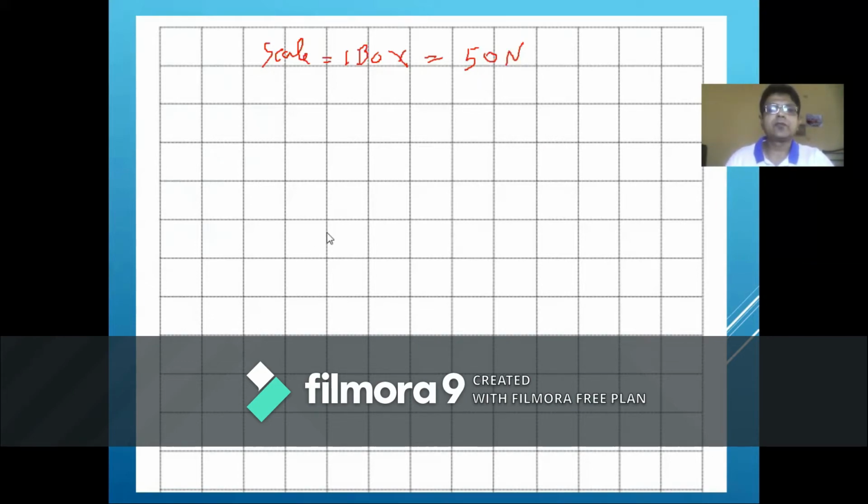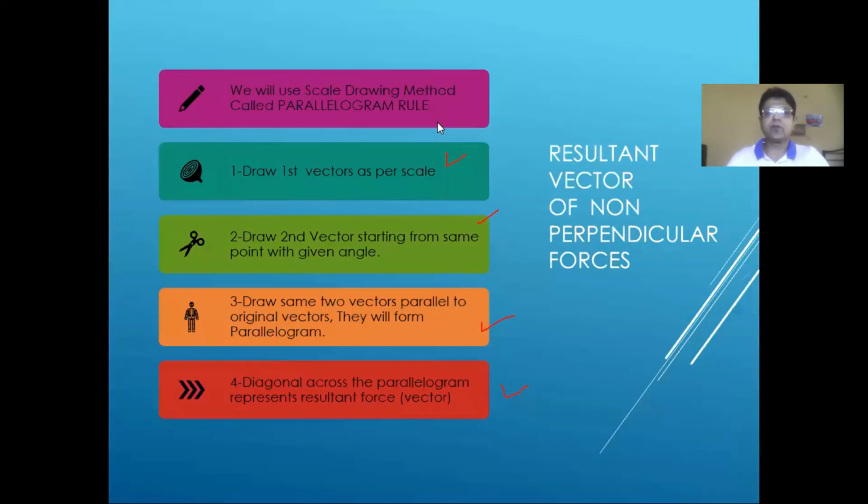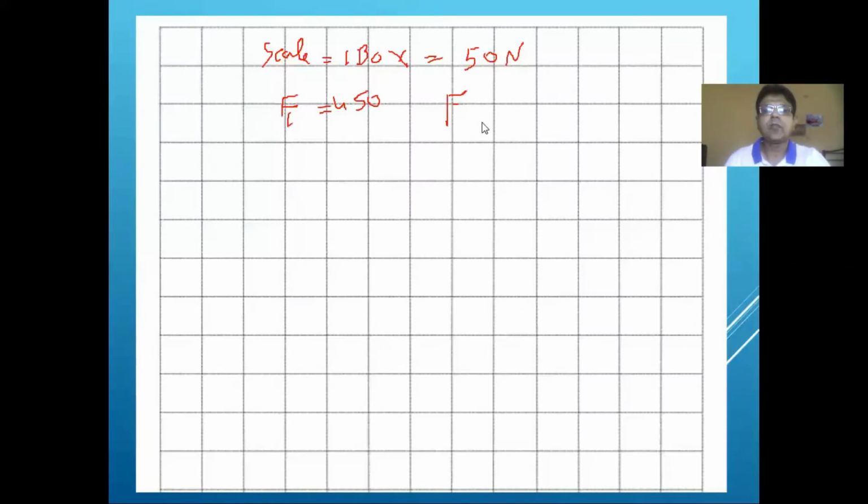First, I have a force. My F1 is 450 Newton. And F2 is 400 Newton, if we are going to find the resultant.